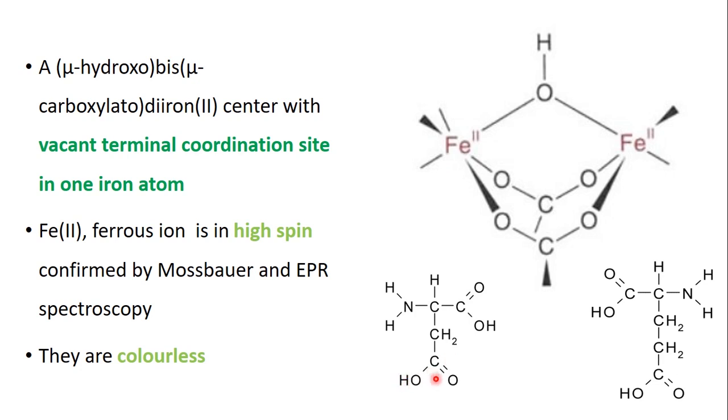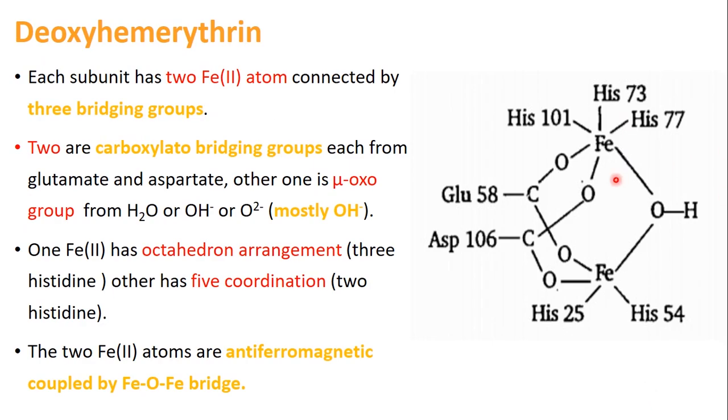Here the COOH group is present. The COO group here acts as a bridging group between these 2 iron atoms. And here this is the mu-oxo bridge. This mu-oxo group can be from water, from OH-, or even from O2-, but mostly it is from OH-.